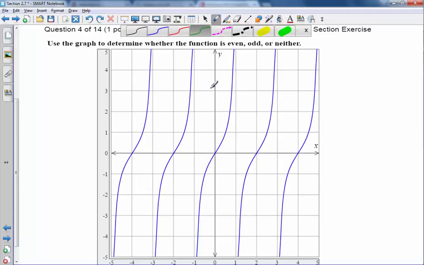Okay, I'm blindfoldedly picking a point here. You need to go hit the y-axis horizontally, and go the same distance, measure this distance with a ruler, to the other side. The new point you obtain should be on the curve. Is it on the curve? No. So it has no y-axis symmetry.